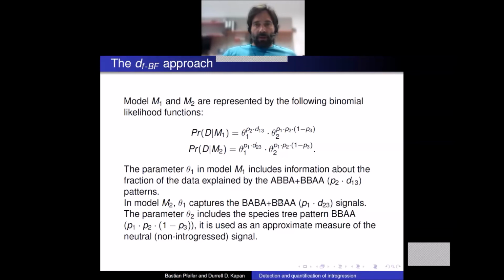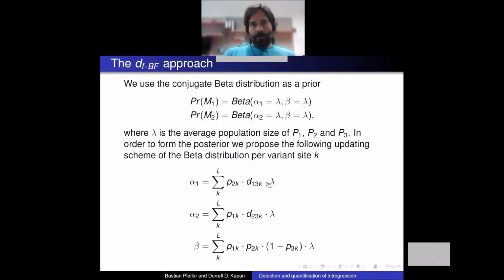By applying this method, it just looks at each SNP and simply updates the prior distribution, like you can see here. The prior is initially set to the average population size of P1, P2, and P3, and then the parameters get updated accordingly with these distances on a full taxon tree.